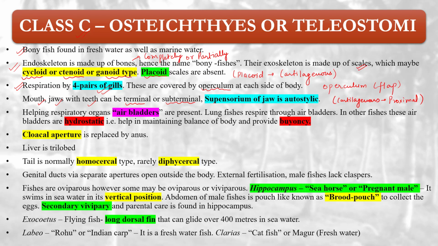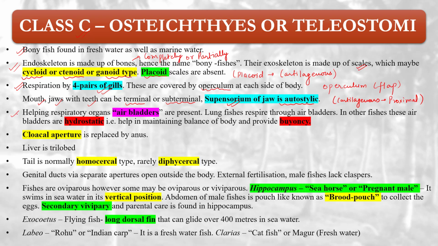Now, the suspensorium in cartilaginous fishes was hyostylic type, but in bony fishes it is autostylic type. So please remember that in Osteichthyes, the bony fishes, the suspensorium of the jaw is autostylic, but in cartilaginous fishes the jaw suspensorium was hyostylic.